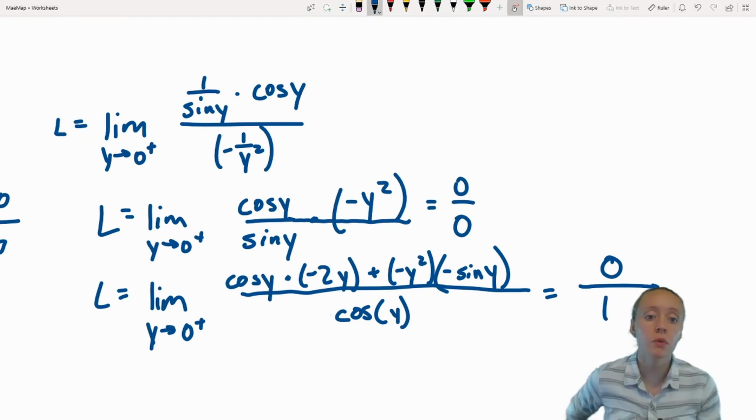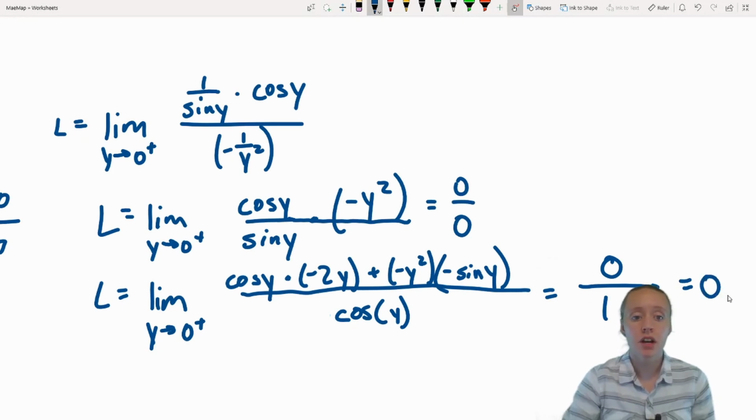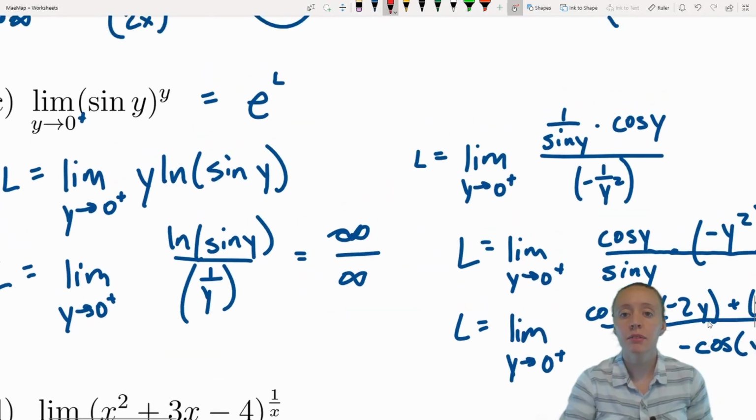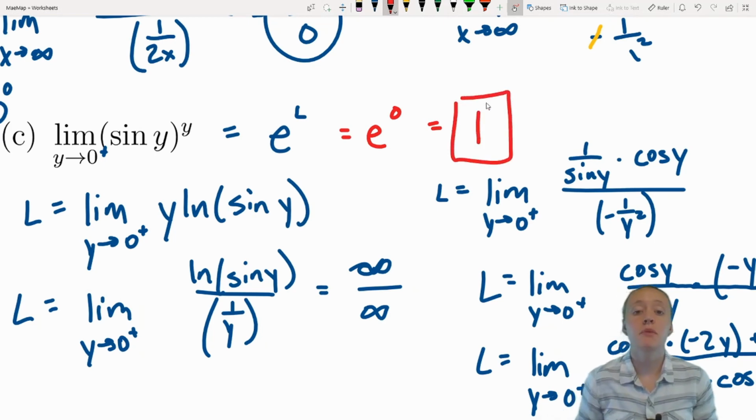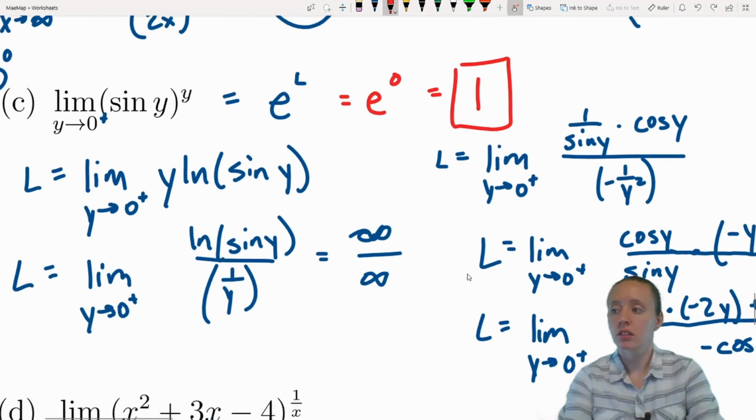So 0 over 1 is going to be 0. But remember, that's not my limit, that's what L is, and I'm going to plug in 0 for L. So I'm going to get e to the 0, which equals 1. So the limit of sine of y to the y as y approaches 0 equals 1.